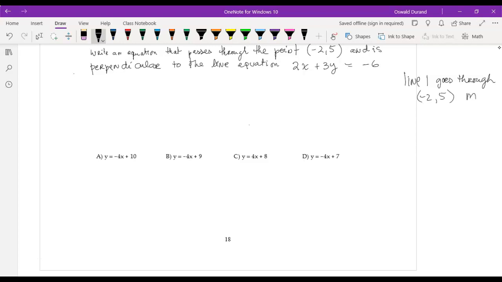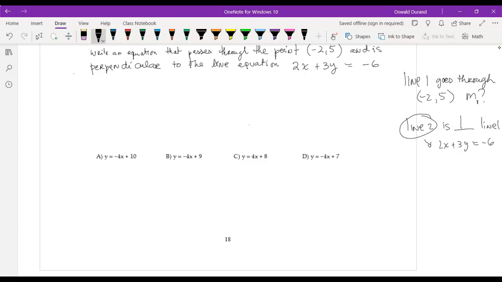The slope. So m1, we are missing this. We need that. But it tells you that line 2 is perpendicular, that's the perpendicular sign, to line 1. And line 2 is 2x plus 3y equal to negative 6.